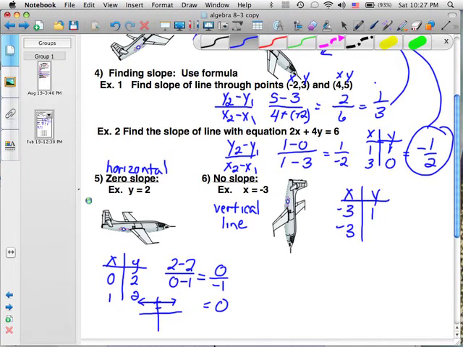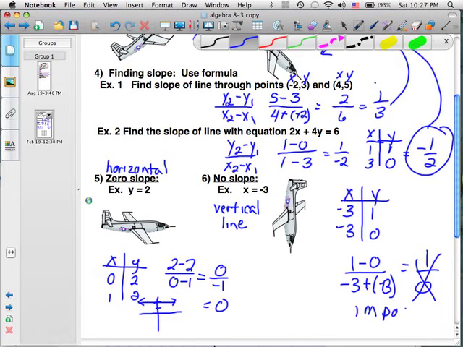And y could be anything. So we just put 1 and 0. So the change in the y would be y minus 0. And the change in the x would be negative 3 minus a negative 3. Which gives me 1 over 0, which I can't do. It's impossible. That's why there is no slope. We can't divide by 0.